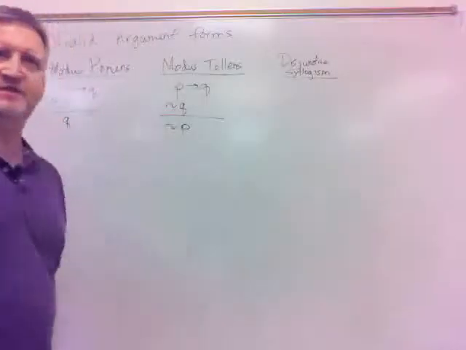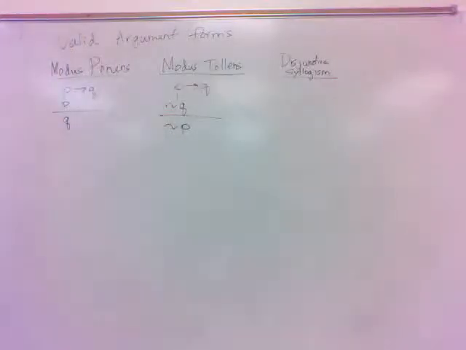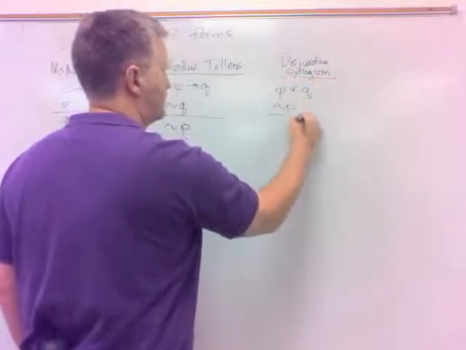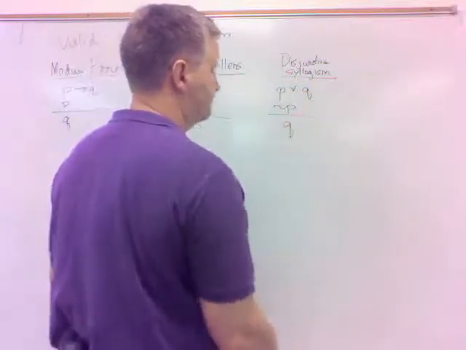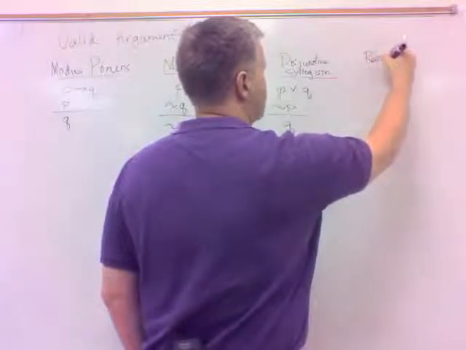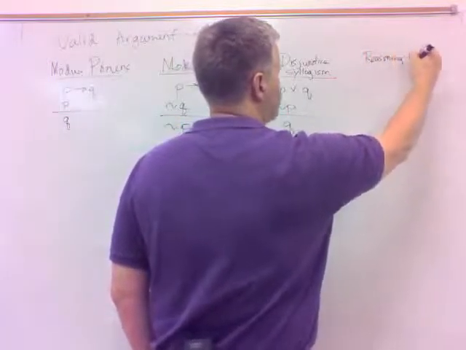Syllogism, by the way, is just a name for argument. So disjunctive syllogism is P or Q, not P, therefore Q. And then last but not least, reasoning by transitivity.